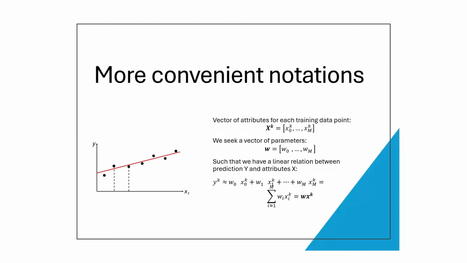We have a vector of attributes for each training data point. We have a vector of parameters, weights, W for weights, such that, in general notation, we output the linear relationship between the prediction Y and the attributes X. It's an example for a single attribute, but we can expand everything to more than one attribute.